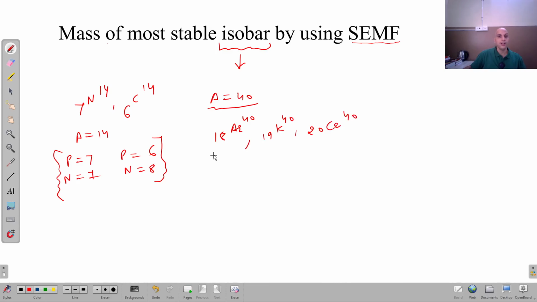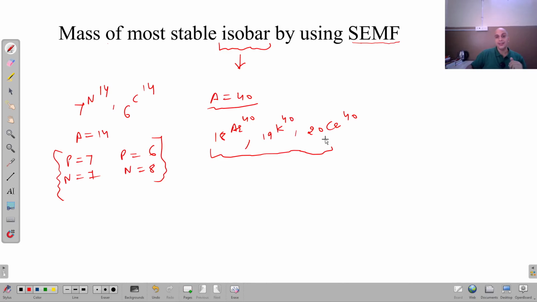So you can see here we have 3 different nuclei which have the same mass number but different atomic numbers, right? They have a different number of either neutrons or protons from one another, but the mass number is constant.